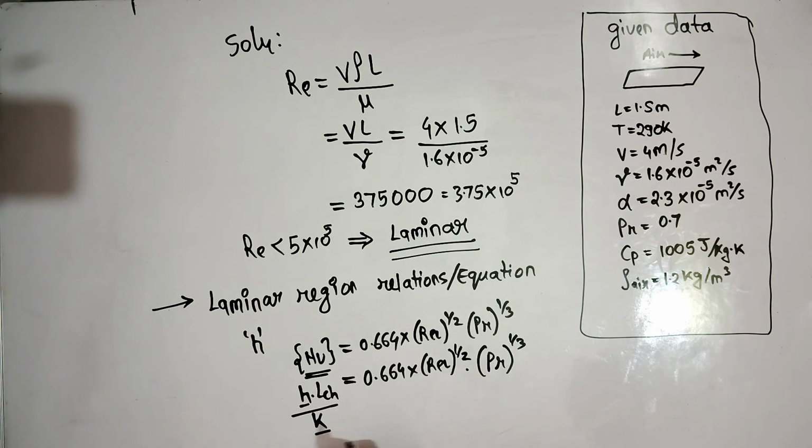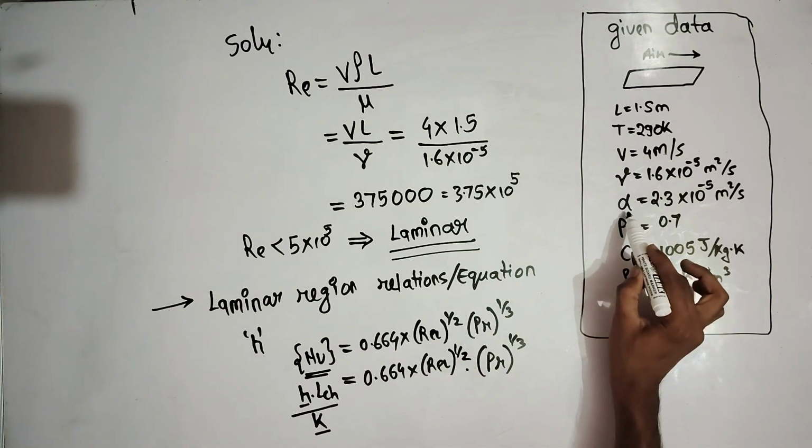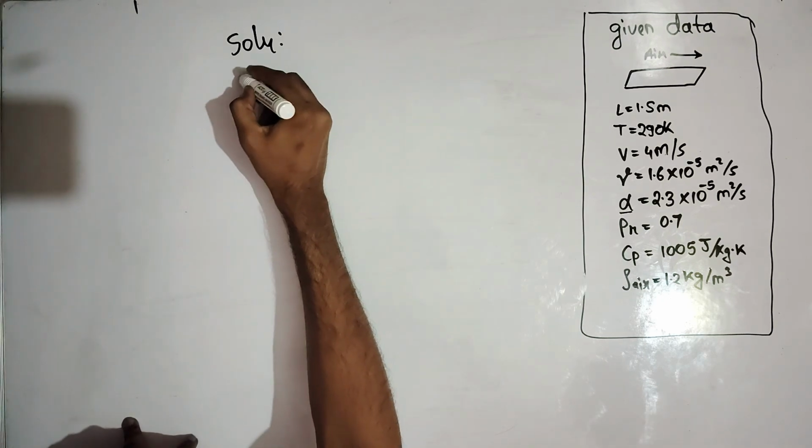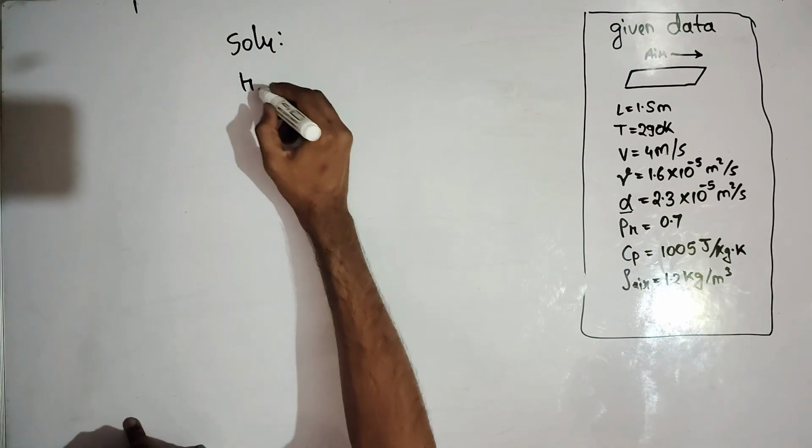As we are not provided with thermal conductivity, we have to use thermal diffusivity by converting k into alpha rho Cp. So this is the relationship between thermal diffusivity and thermal conductivity. We will substitute the value of k here with thermal diffusivity into density into heat capacity. So write down the equation.